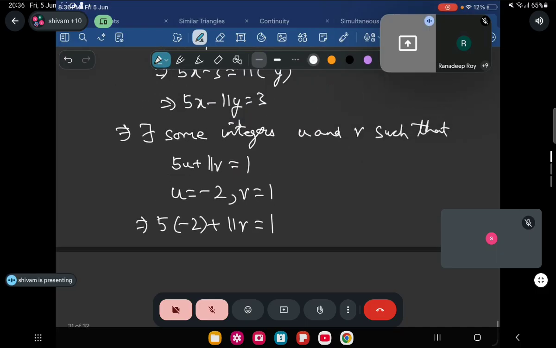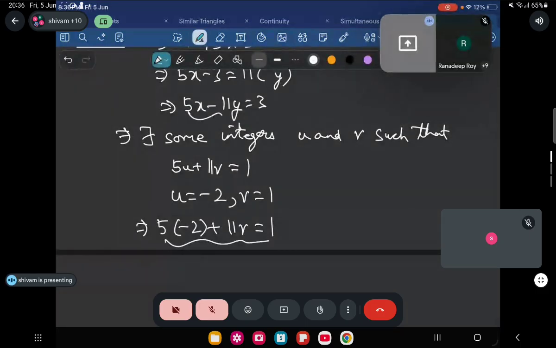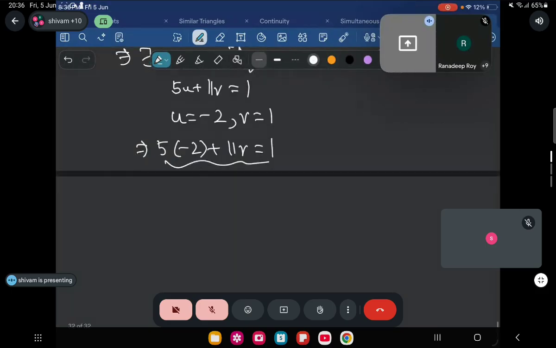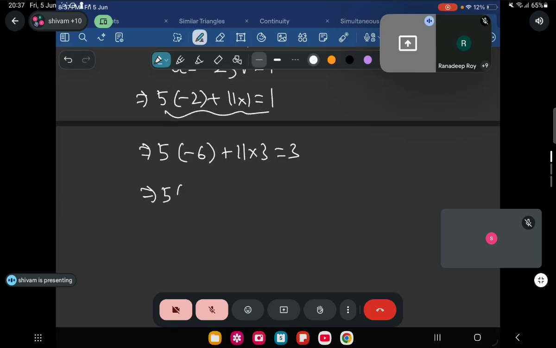But see, in order to compare these two equations, I need to multiply by 3 on both sides. So I'll get 5 into minus 6 plus 11 into 3 is equal to 3. Right, everyone. So what are we getting? 5 into minus 6 minus 3 is equal to minus 11 into 3.